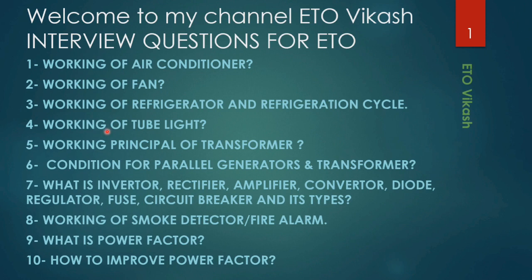Due to that very high EMF, very high voltage, the filament gases inside the tube get ionized, and the tube light starts glowing. After glowing, if you remove the starter also, there is no issue, the tube light will glow. That's why you have seen in your room that sometimes when you turn on your light, it blinks at starting. At that time the starter, the bimetallic strip, is closing and opening.